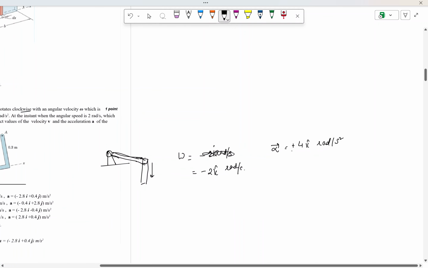So this is opposite to acceleration, and that is why there is no negative sign, but it has turned to positive sign, and it is also along z axis. So this is 4 k cap radian per second square.